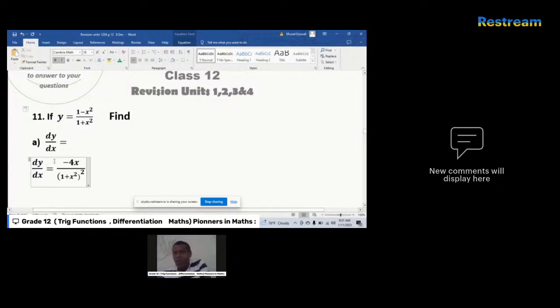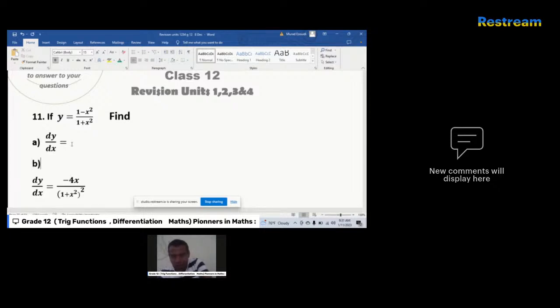Now learners, for small b: find the stationary point if it is possible, of course, and find the y value. No need to write find the stationary point again because find is written up. Find dy with respect to x, find the stationary point.